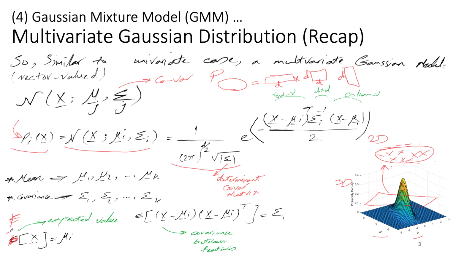Anyway, we call it expected value, and this is equal to the estimate of the mean. And also we can compute the covariance between features. In this case, we have two features. This way, x minus the mean multiplied by x minus the mean transpose, right? So these are in vector space.